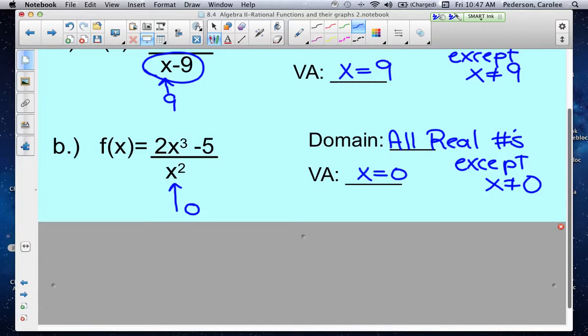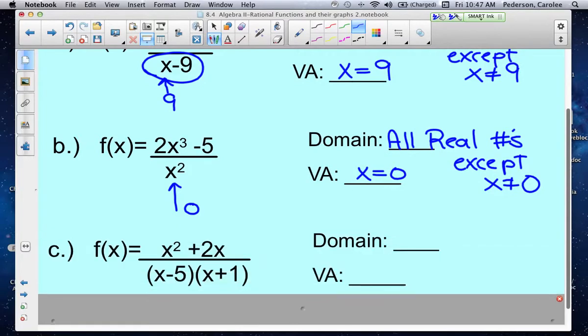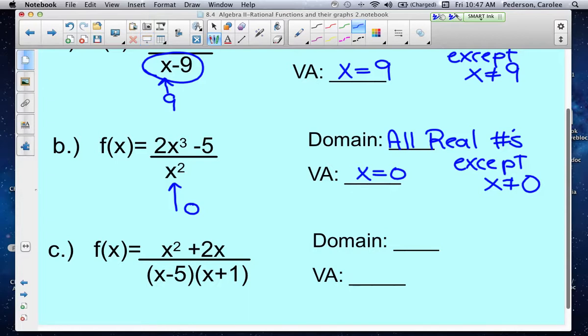You're going to have an imaginary dotted line at x equals 0, so that means the graph couldn't go through it. Last one of these, question C. We have a function, and the function's denominator is already factored. We want to find the domain restrictions first.